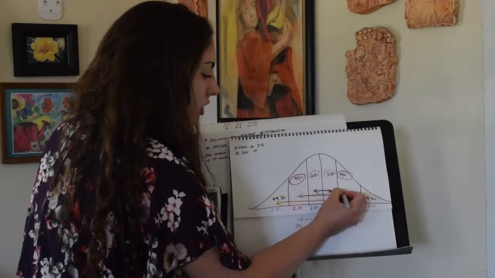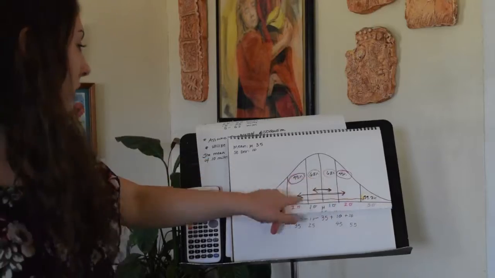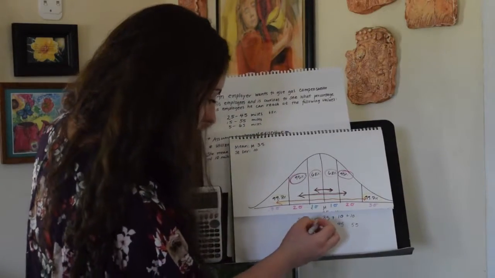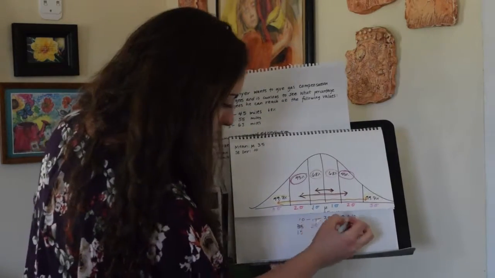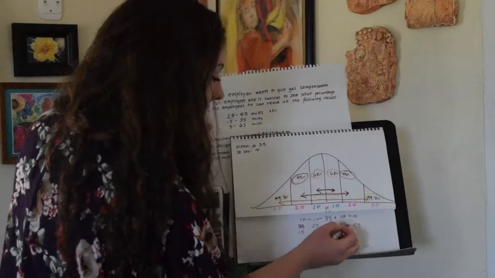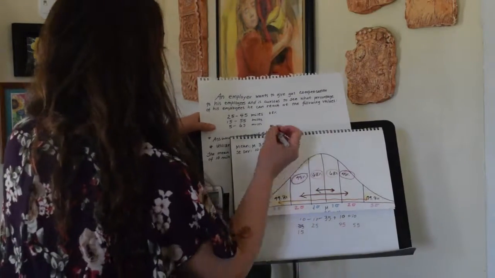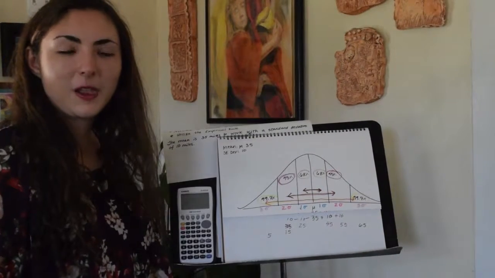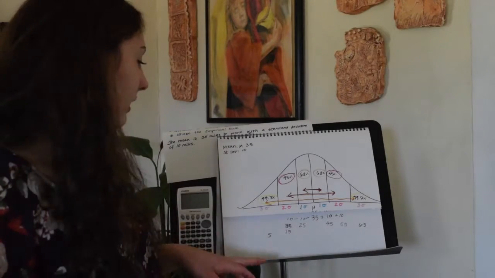And so that's reaching across from here to here on our normal distribution. So 15 to 55 miles. So 35 minus 20 is 15. Sorry, I had written 35 there. And then we also have 35 plus 20, which is 55. And that encompasses 95%. All right, lastly, let's look at the third standard deviation and how to calculate that.